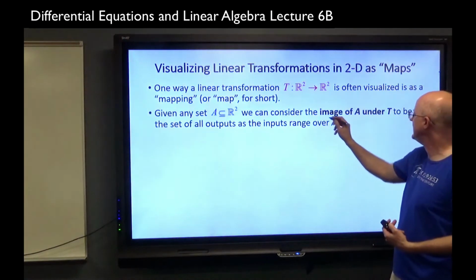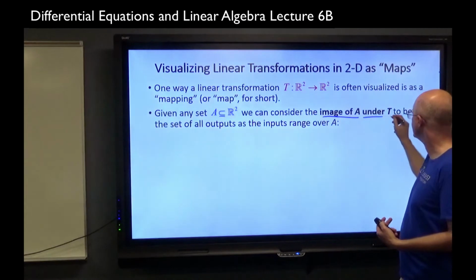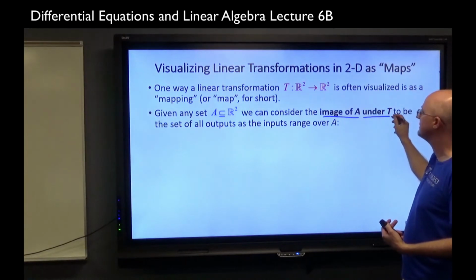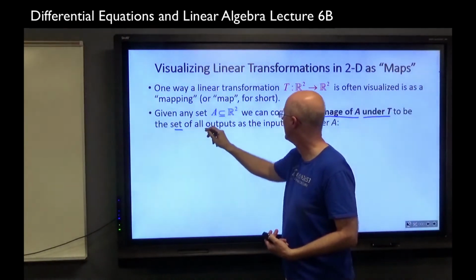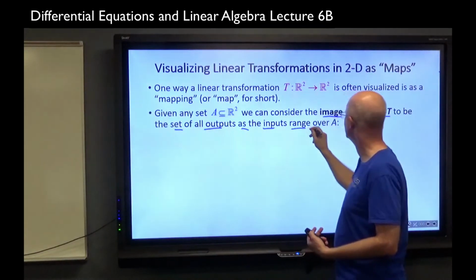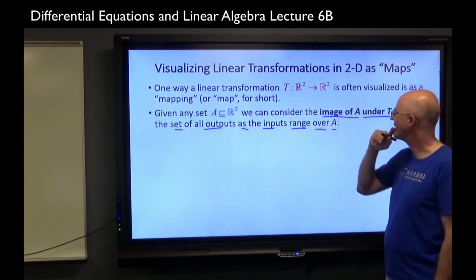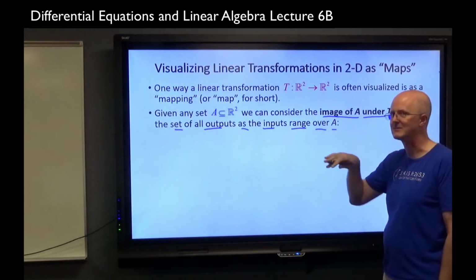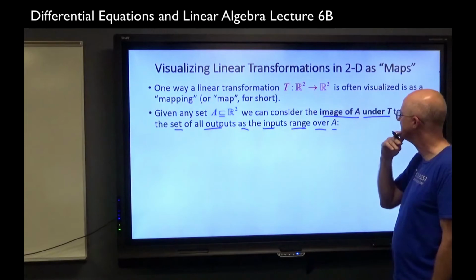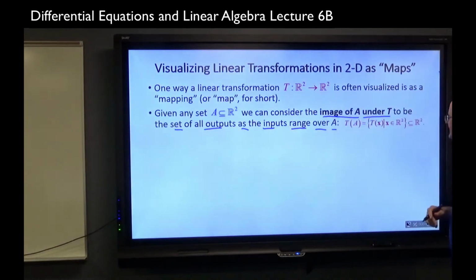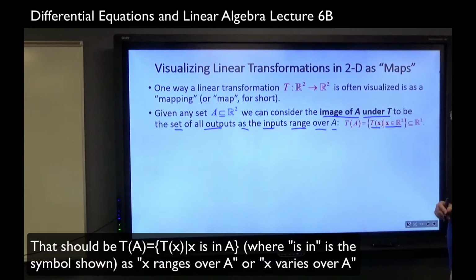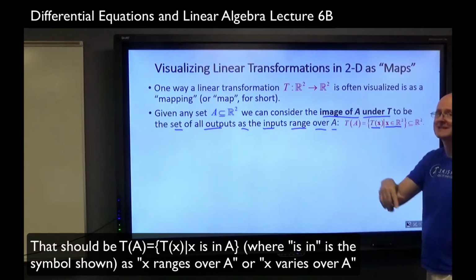We can consider the image of the set A under T to be the set of all outputs as the inputs range over A. Okay, I use the word range. It's an okay word to use here, but it doesn't mean the same thing as range means in other situations. With set builder notation, it's the set of all values T of X as X ranges over R2. I've used set builder notation before with curly braces, in lecture 6A, you'll have to watch it.